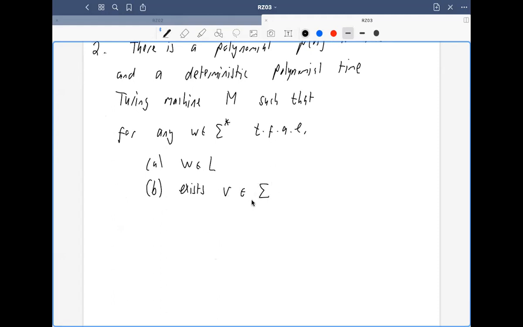So V is a string of length P of n, such that M accepts the input WV.